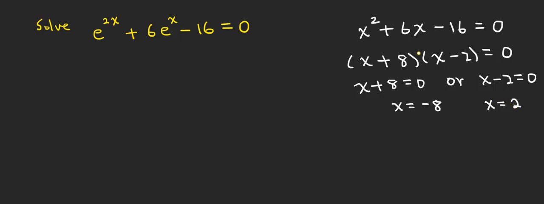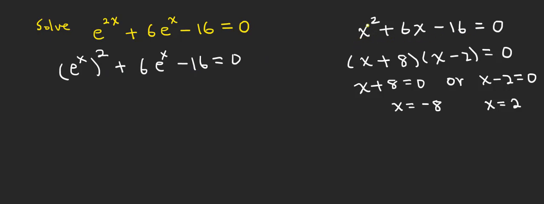Now, we're going to use a similar method here. I'm going to rewrite this as e to the x, quantity squared. Notice, this is the same thing as e to the 2x, plus 6 e to the x minus 16 equals 0. Now notice, this kind of looks like this quadratic equation over here.